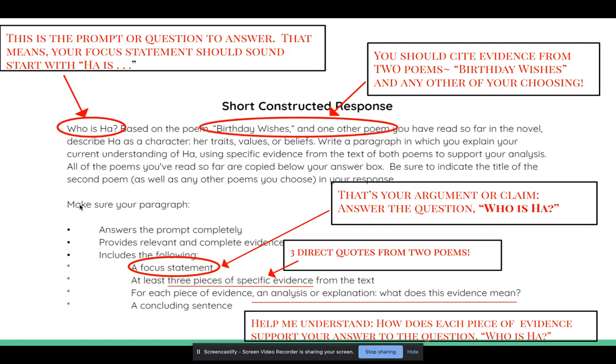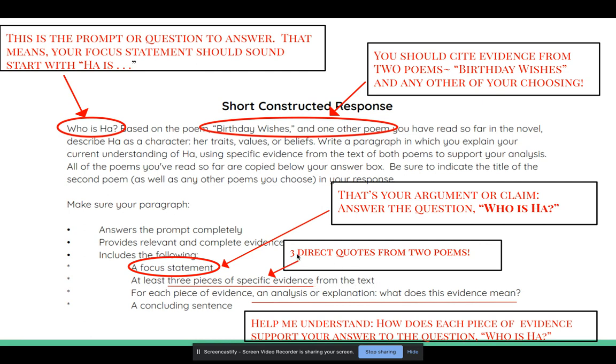All right, so down here it says make sure your paragraph answers the prompt completely, provides relevant evidence, includes the following. So again, the focus statement should be your answer to the question, who is Ha? So you should make a claim or argument that responds to that question. So Ha is this kind of person. So then you need to cite at least 3 pieces of evidence, of specific evidence from the text.